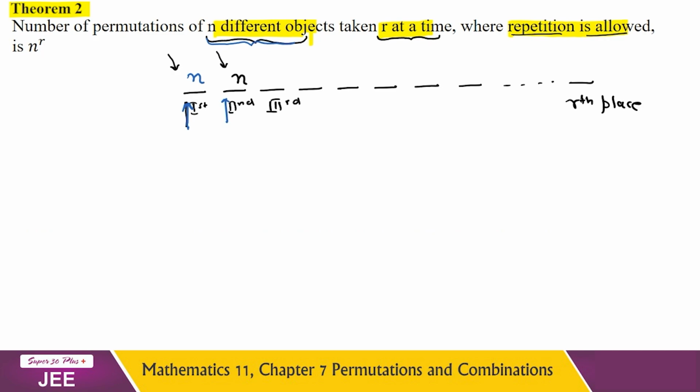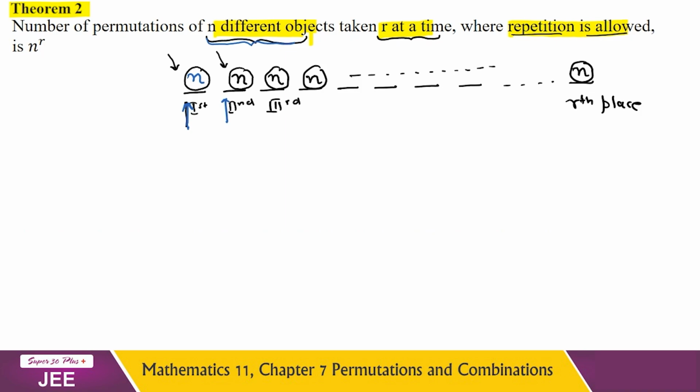So the first place can be filled up in n ways, and the second place can also be filled up in n ways. Similarly, the third place can also be filled in n ways, and the fourth place can also be filled up in n ways, and this continues. And likewise the last place, that is the rth place, can also be filled up in n ways. So I think this is a very simple type of permutation in which repetition is allowed.